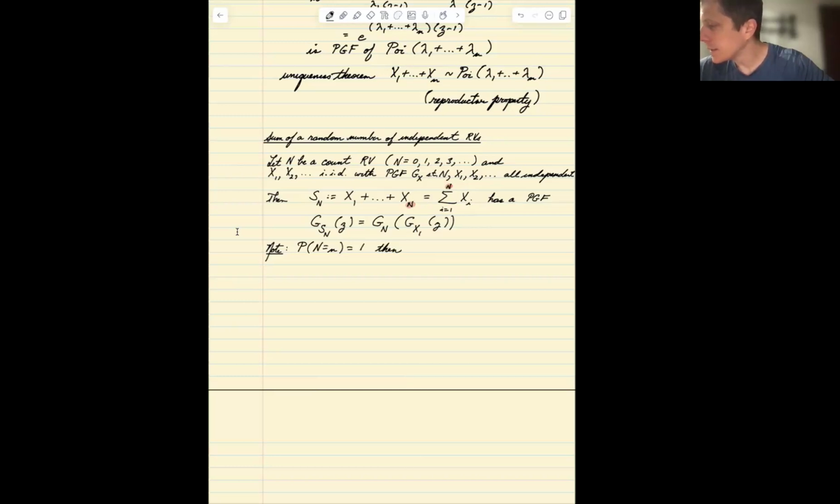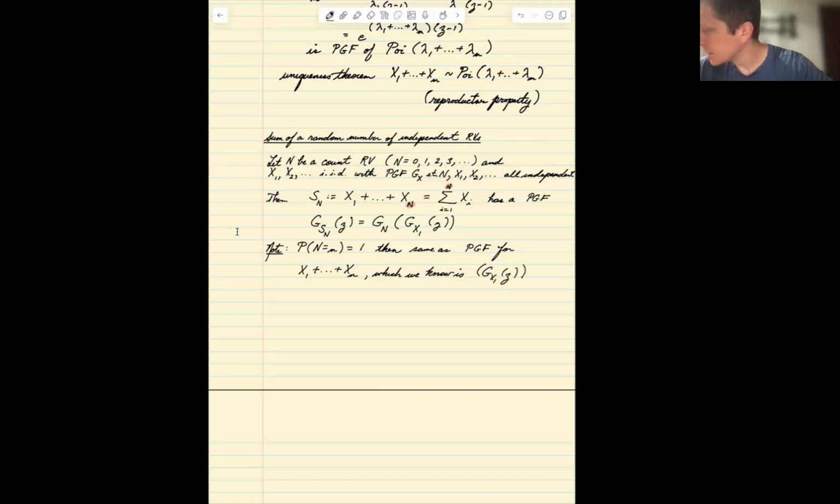Then this is the same as just considering the probability generating function for the sum X1 up through Xn, which we have shown is G_X to the power n.